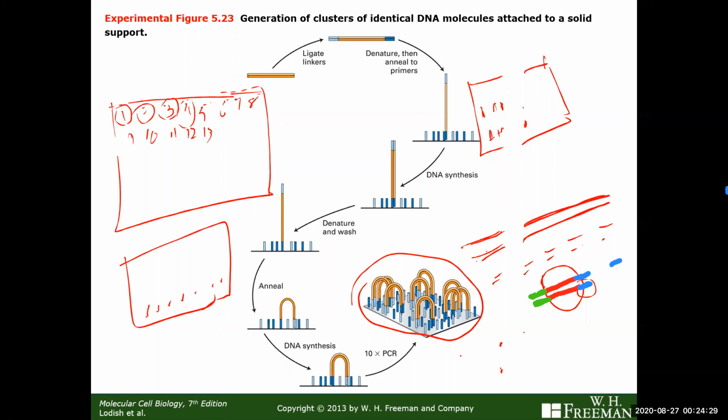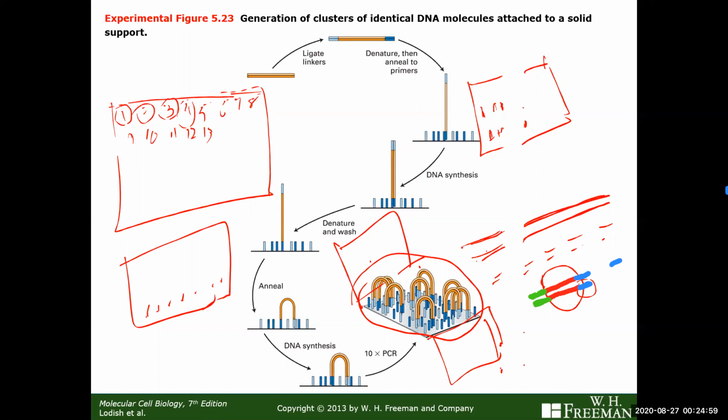Each of these clusters will have a few thousand copies of the identical DNA, but the cluster that is here will be different from the cluster that is there, and so on and so forth. Each cluster is a few thousand copies of the same piece of DNA, flanked by adapters for which the sequence you know.